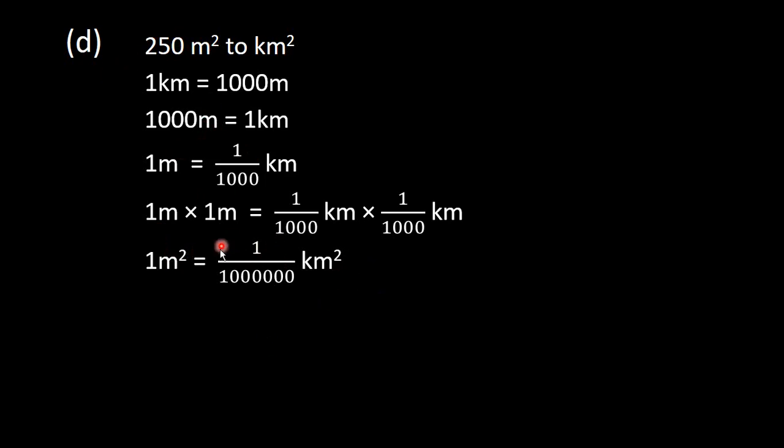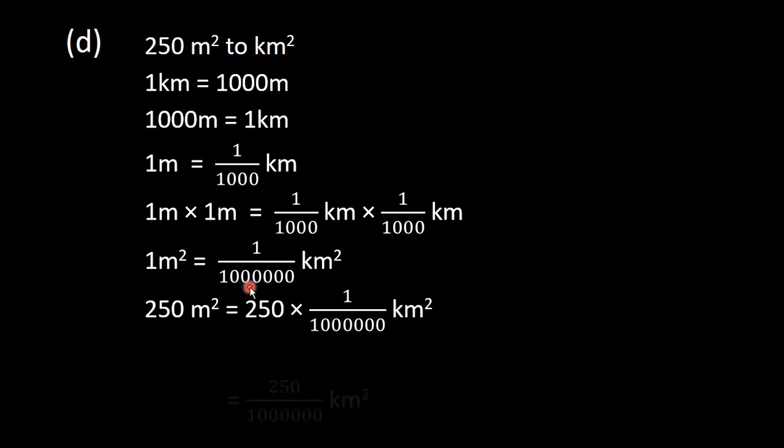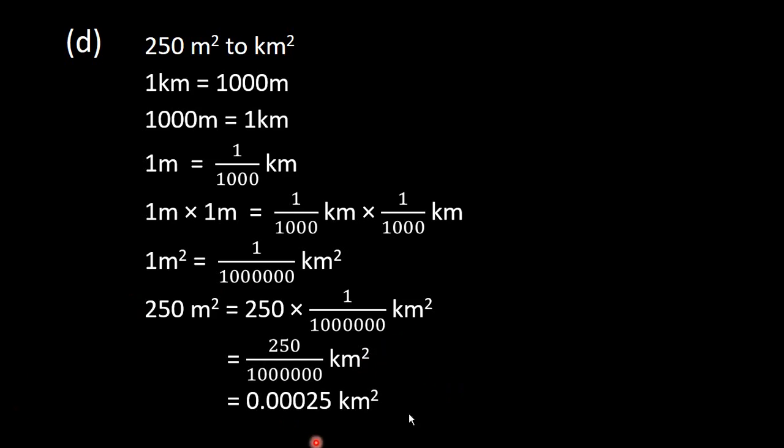We simply multiply by the value for 1 meter squared, and that will give us 250 divided by 1 million kilometers squared, and that will be 0.00025 kilometers squared.